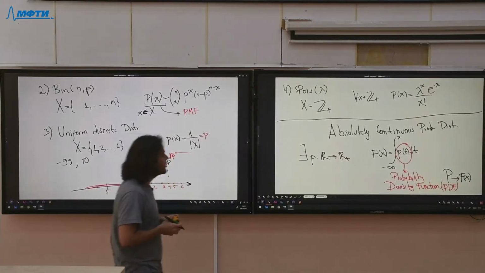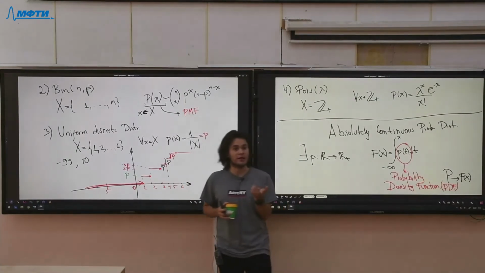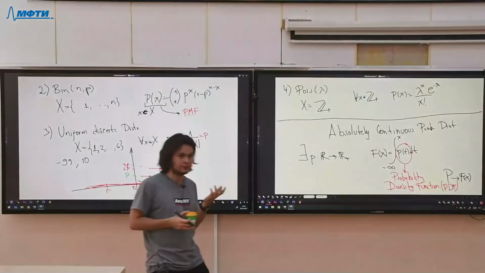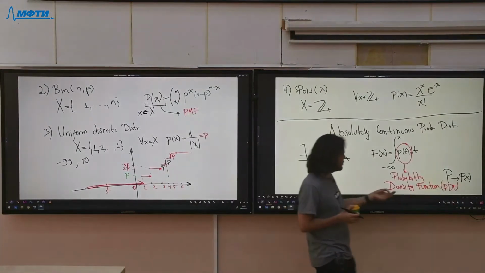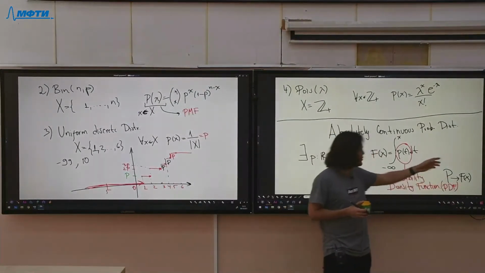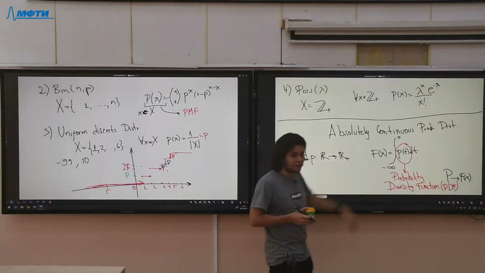So it means that if we talk about absolutely continuous probability distributions, we talk about the PDF of this distribution, right? We are not going to talk about the CDF in this case because it's much better to use the PDF, the probability density function.